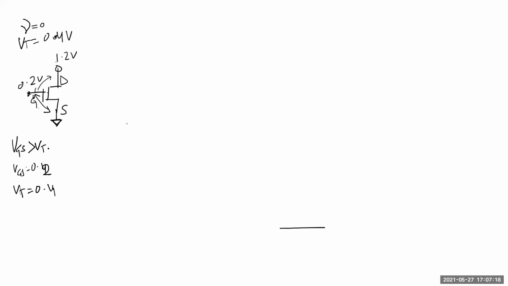So it doesn't matter what the VDS is. So this is cutoff, right? So first thing, in these problems, you have to first find out if there is a channel formed or not. And for that, you have to figure out if VGS is greater than VT or not, right? Then you figure out if you can do it or not.